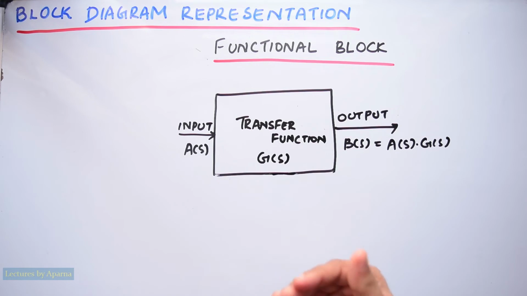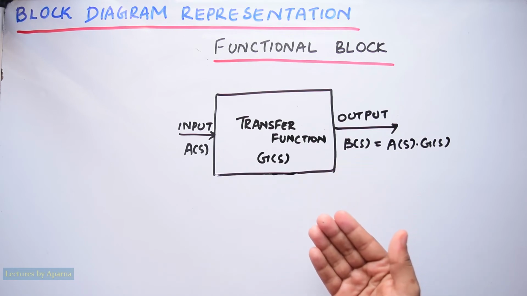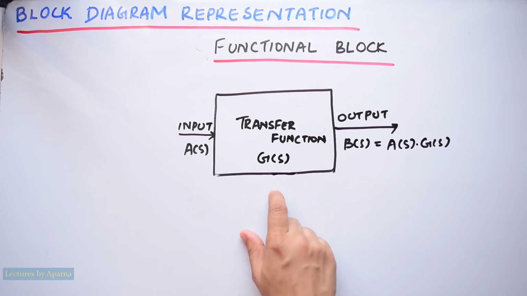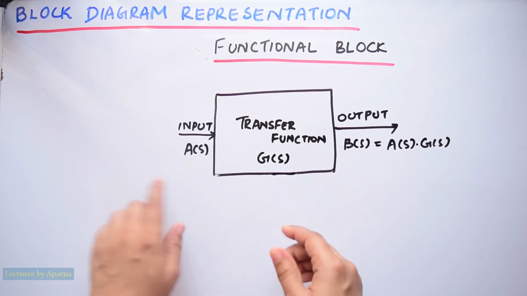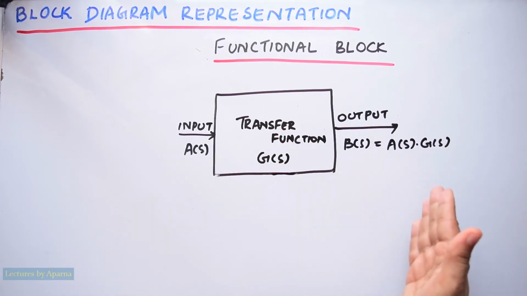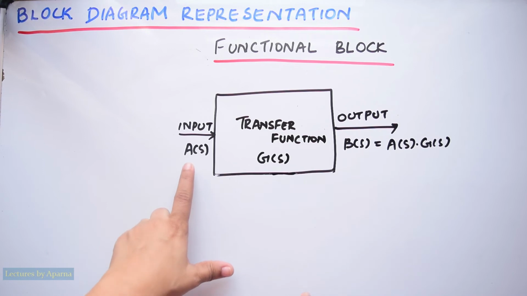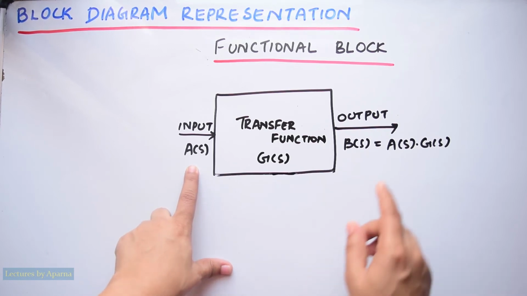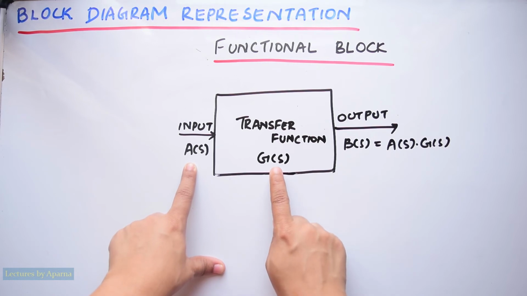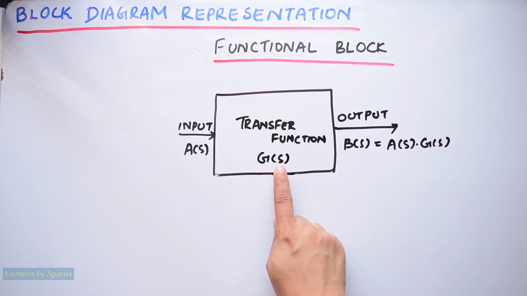The transfer function in each block denotes what each component does in the system. It is a mathematical way to represent the function of each component. So when the input comes, this transfer function works on it and gives an output. If the input signal is A(s), to get the output B(s), this A(s) is multiplied with G(s), where G(s) is the transfer function of the system.